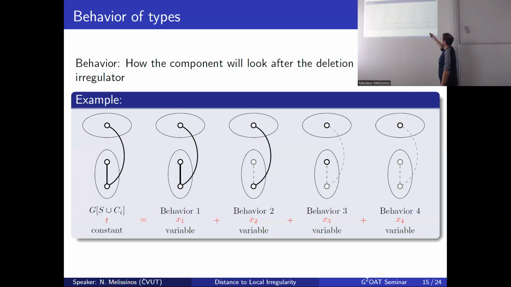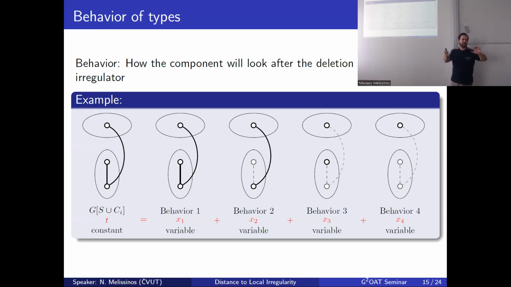For example, here I don't have any problem, unfortunately. But let's say this second behavior: if this is exactly the final instance, then I see that there exists a vertex in this component which has exactly the same degree as the vertex in the set, and we don't want that to happen.